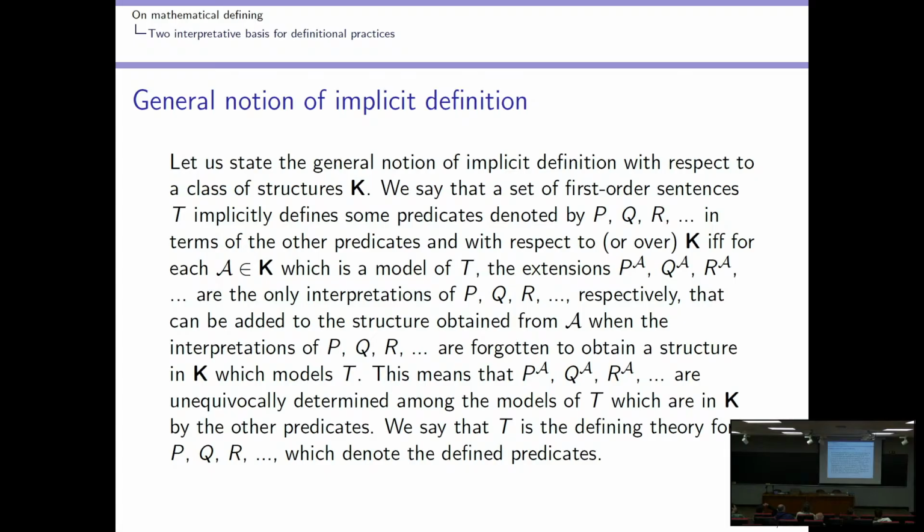This means that P^A, Q^A, R^A are unequivocally determined among the models of T which are in K by the other predicates. We say that T is the defining theory for P, Q, R, which denote the defined predicates.